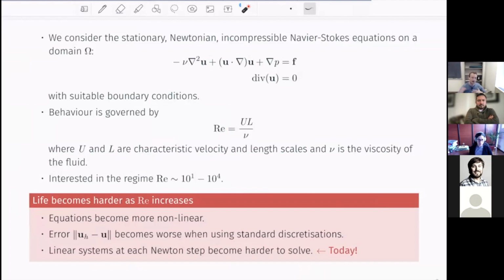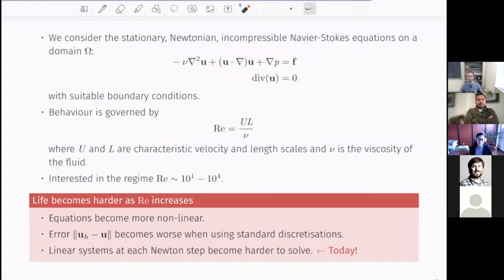You may have multiple solutions, and classical solvers start to struggle. In general, with the Navier-Stokes equations, life becomes harder in almost every way as the Reynolds number increases. If we look at the first equation, we see immediately that as the Reynolds number increases, which can be seen as the viscosity decreasing, this term becomes smaller and this term here dominates, right?